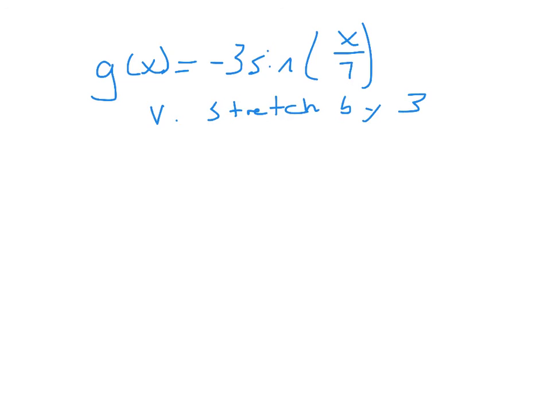Don't let that negative fool you. That's just a flip over the x-axis. That doesn't matter. And now, what's my number in front of x? Well, the number in front of x is really a 1/7. So remember, I have to flip that number over. So this one actually has a horizontal stretch by 7. Remember, horizontal stuff is inside, vertical stuff is outside.